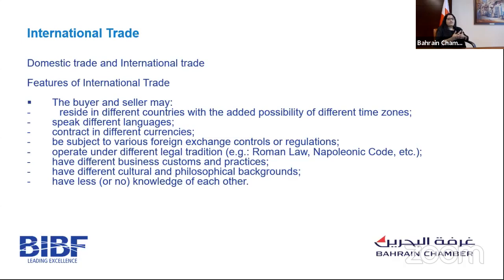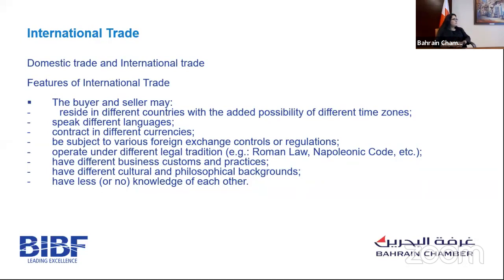Many a times we have heard businesses telling us that our domestic market is saturated. We need to cross the boundaries, right? But they are hesitant. Why? Because there are lots of risks perceived in international trade. The salient features of international trade make it different from domestic trade.